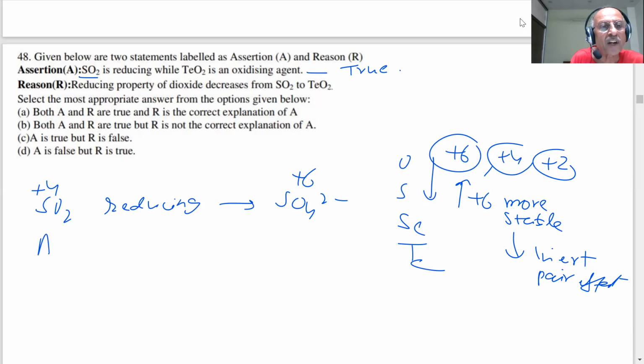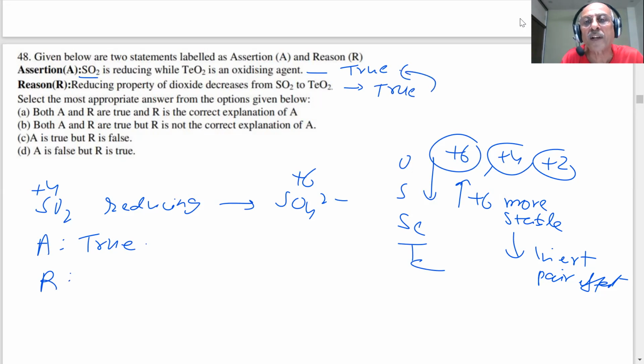So the assertion is true. Let us see the reason. The reducing property decreases from SO2 to TeO2, student. This is also true, and that is the correct explanation.